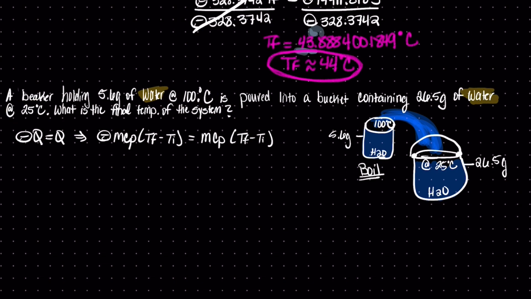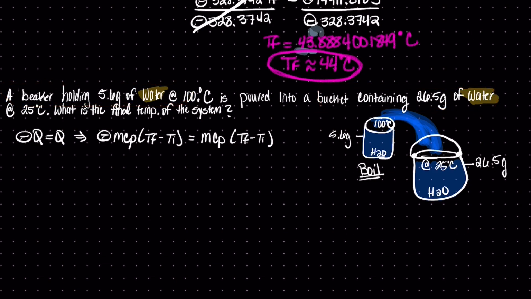If I put a singular ice cube into a boiling pot of water, does that affect the boiling water much? No. So, who has more mass? The colder bucket of water or the boiling beaker?